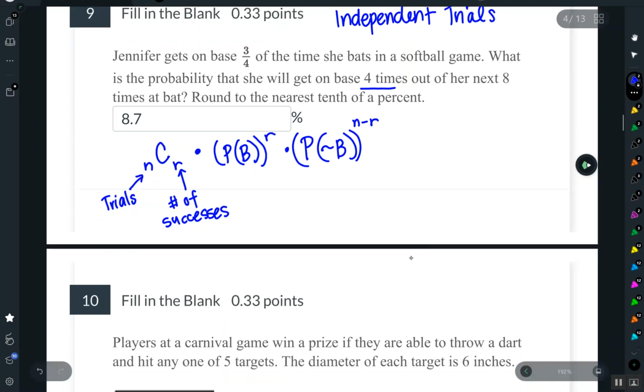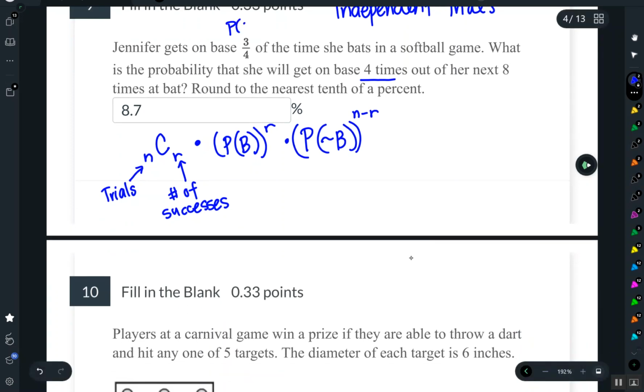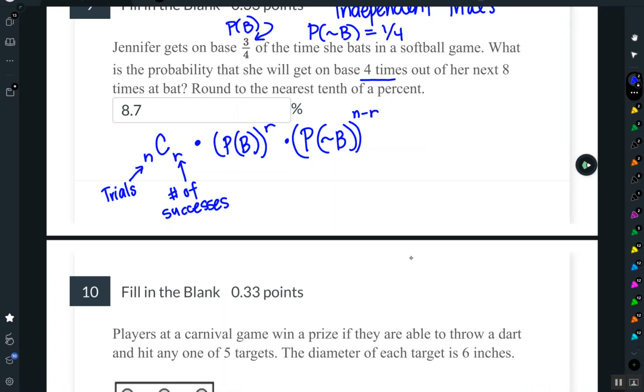So the probability she's going to get on base is 3/4. The probability of not getting on base is 1/4. It's the rest of the time. So 3 out of 4 times she's on base, 1 out of 4 times she's not.